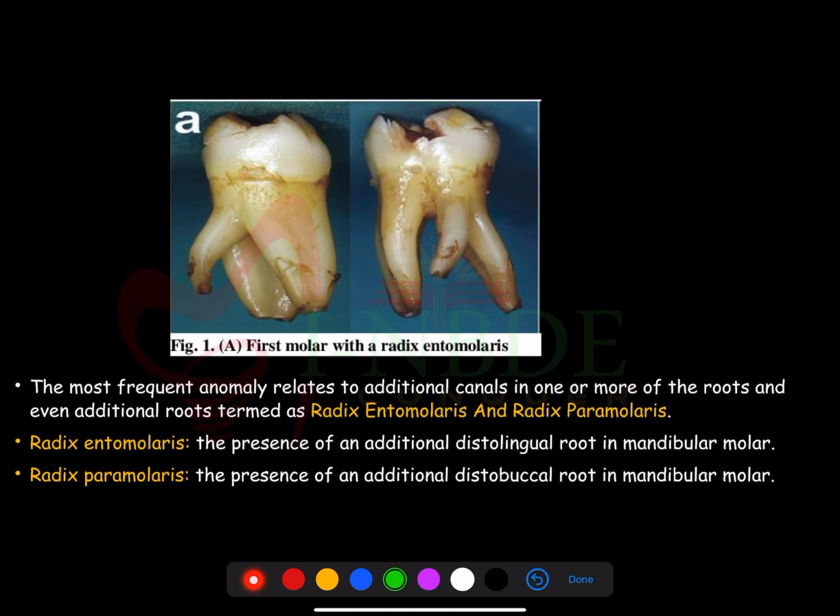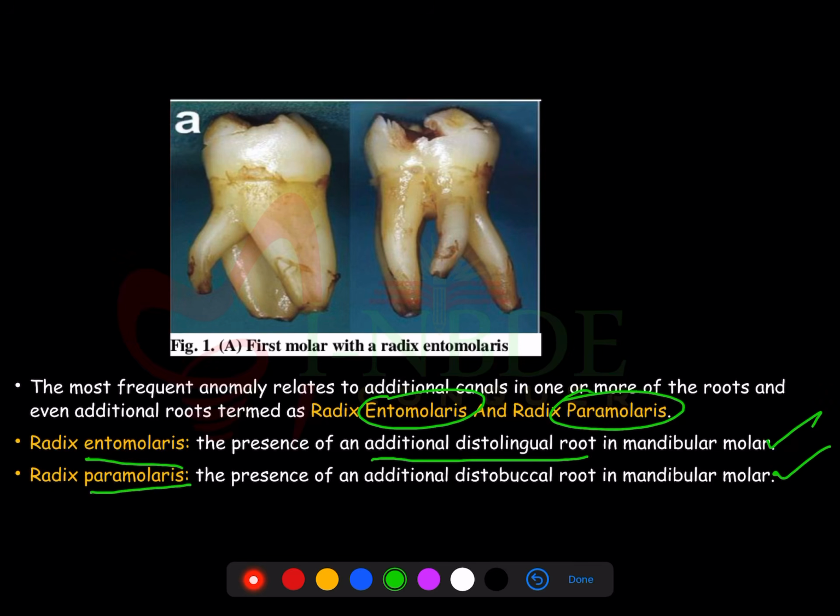Last but not the least, you can see these typical morphologies which are nowadays the most commonly asked questions. One is entomolaris and the second one is paramolaris. So what is entomolaris? Entomolaris is an additional distolingual root. Both are seen in the mandibular molars. If it is an additional distolingual root, it is called entomolaris.